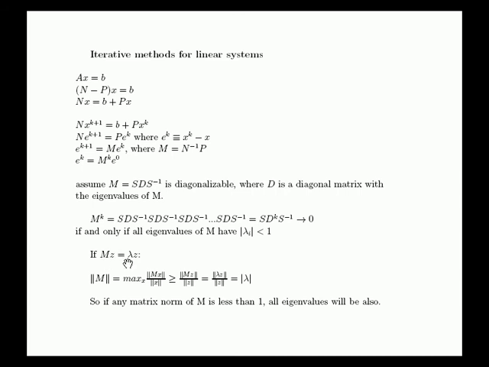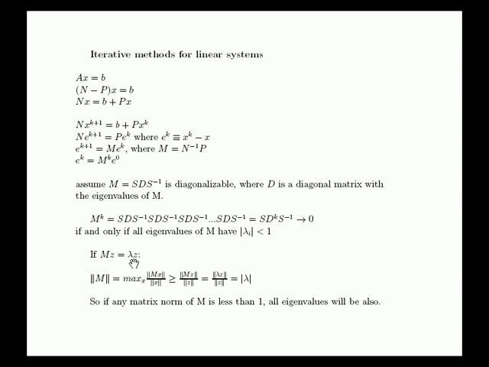Well, notice that if Z is an eigenvector of M, then any norm, this could be the infinity norm or 2 norm or 1 norm or any matrix norm of M, is defined as the maximum of the vector norm of Mx over the vector norm of x, but that's the maximum over all non-zero x. So that's greater or equal to a particular one.